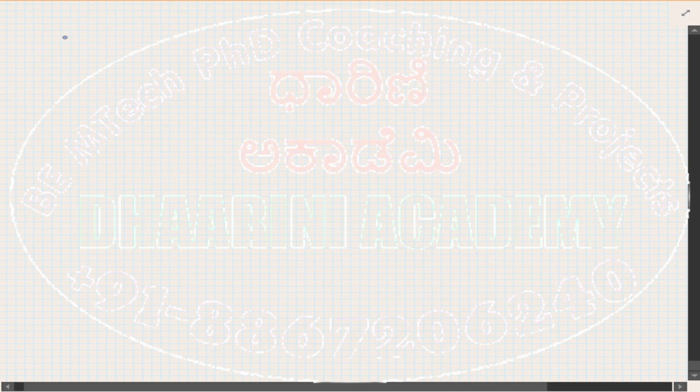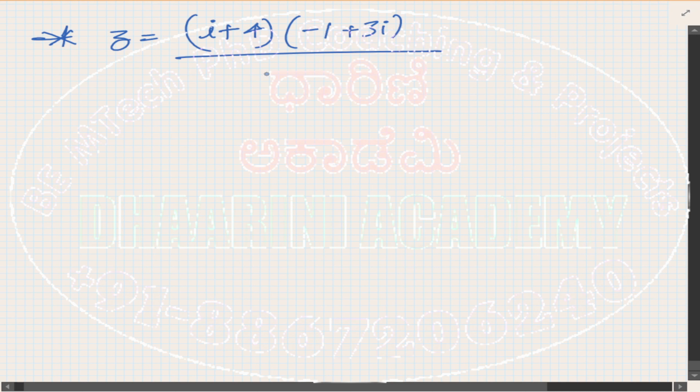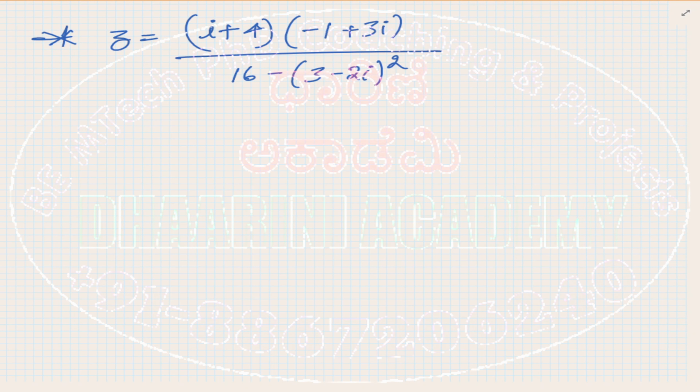Next problem. Z is equal to i plus 4 into minus i, minus 1 plus 3i, the whole divided by 16 minus (3 minus 2i) the whole squared.